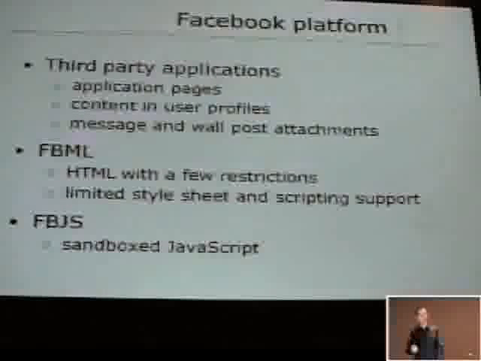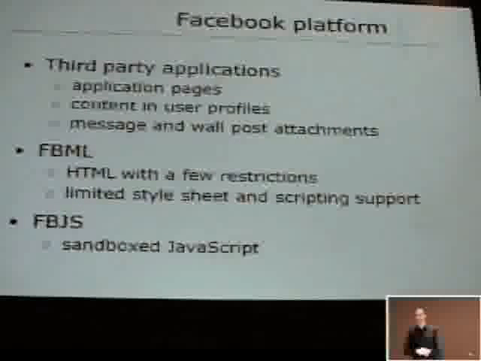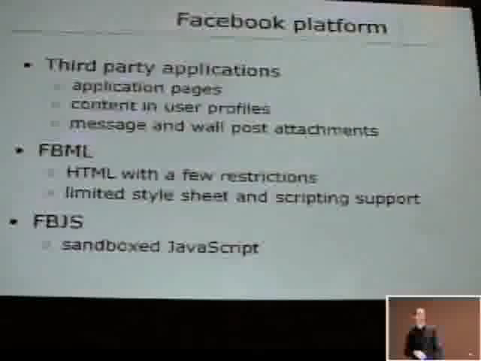In addition to the application pages, which are sort of separate from the main Facebook, applications can put content in user profiles. If you've ever seen a Facebook profile, you probably saw a bunch of stupid boxes in the profile for the vampires versus zombies game, or a little map that shows you the places where that person has traveled around the world with little pins.